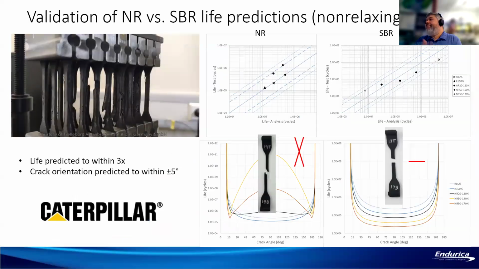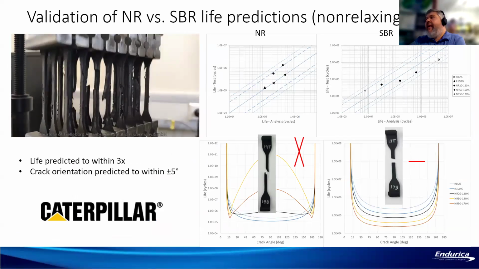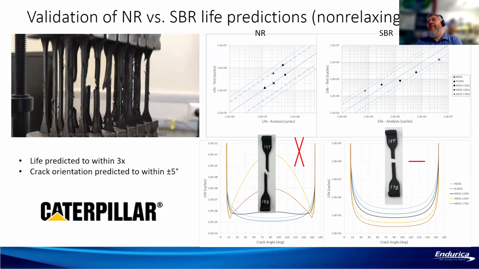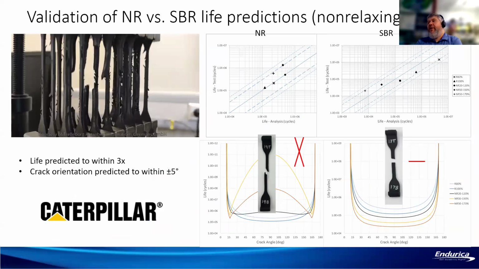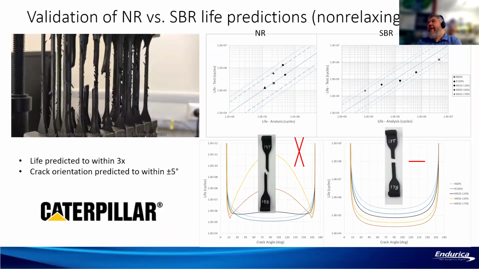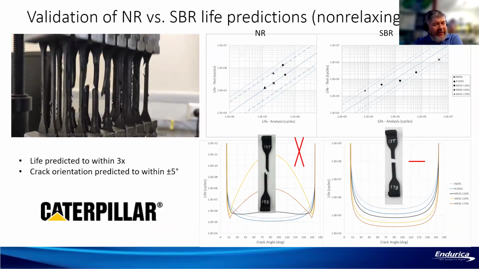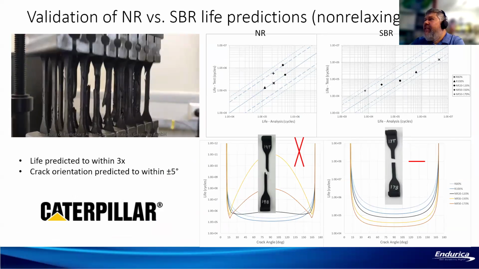Talking about the mean strain effect, this is a case study that was completed a number of years ago by one of our early users, Caterpillar, and they did a modeling study just on simple tension specimens, right? Rubber's behavior is so interesting that you can see weird things happening even if you just load in simple tension.